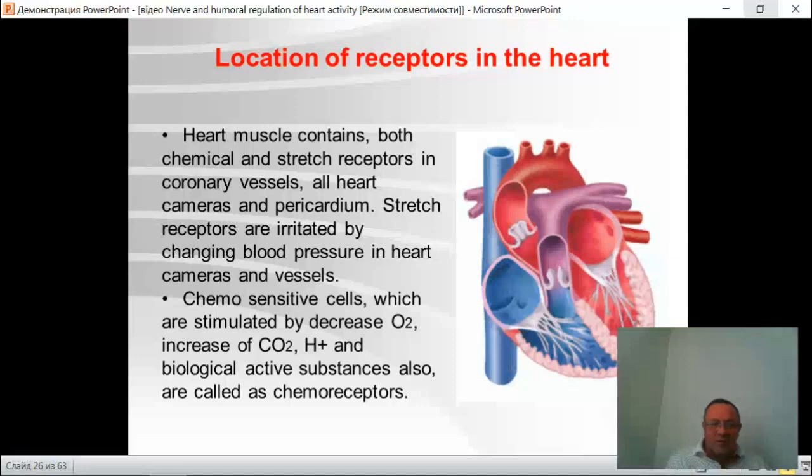Stretch receptors are irritated by changing blood pressure in heart chambers and vessels. Chemosensitive cells, which are stimulated by decreased oxygen and increase of carbon dioxide and hydrogen ions and biologically active substances, are also called chemoreceptors of the heart.